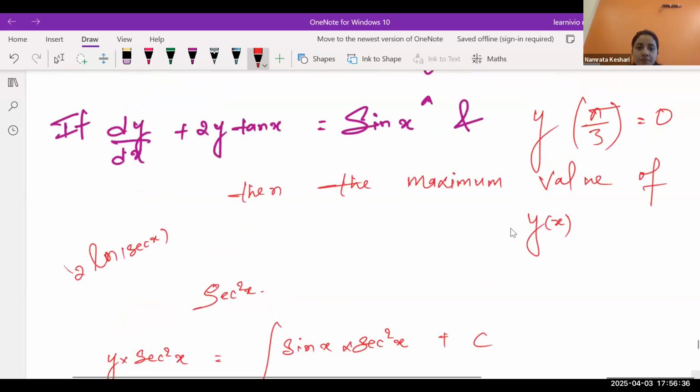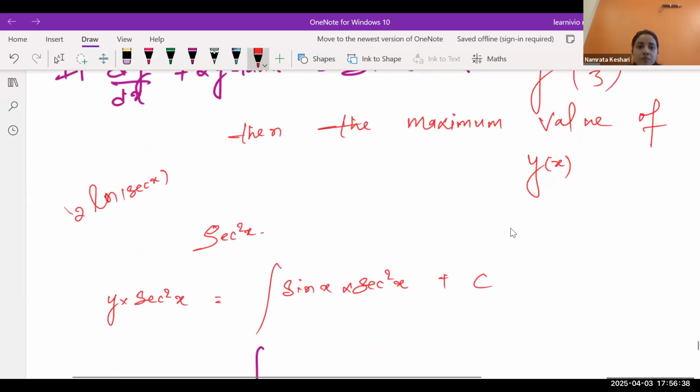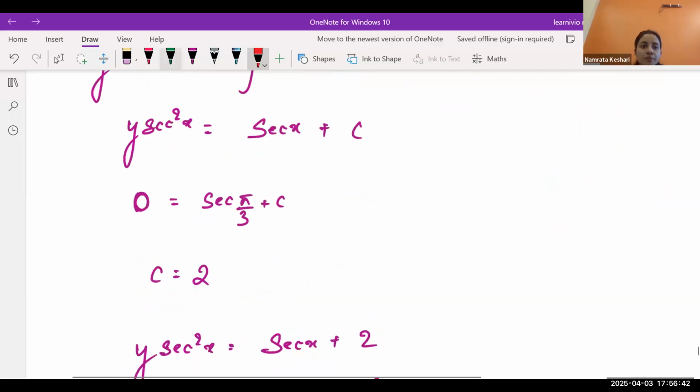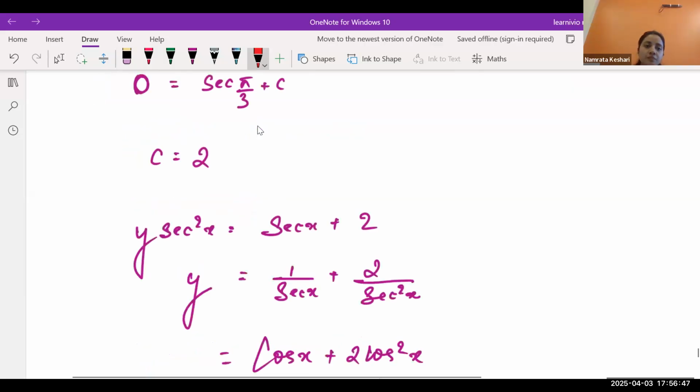Ma'am, C is -2, right? Just a moment. Oh yeah, c is -2. And this was sin x, right? No, this was sec x.